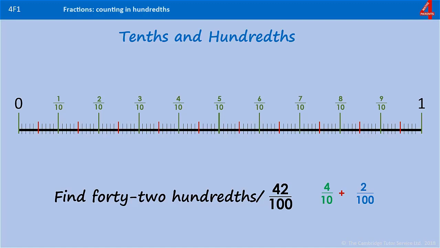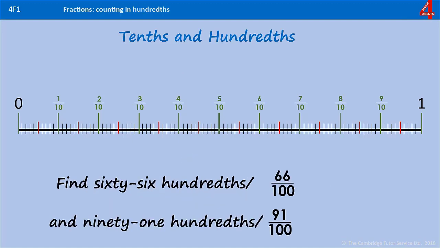So to find 42/100ths on the line, we find 4/10ths. Remember, that's the same as 40/100ths. And then we move along 2/100ths. 1, 2. And there we have 42/100ths.